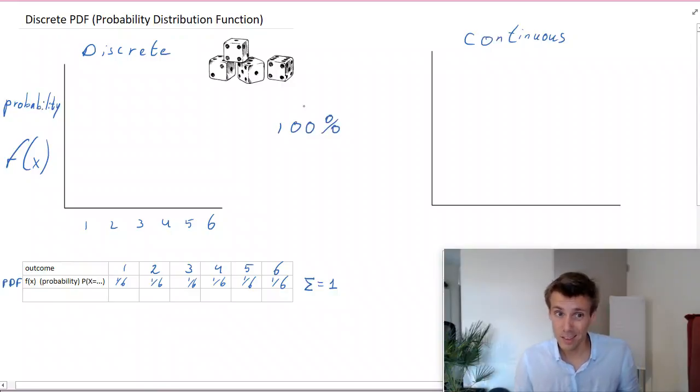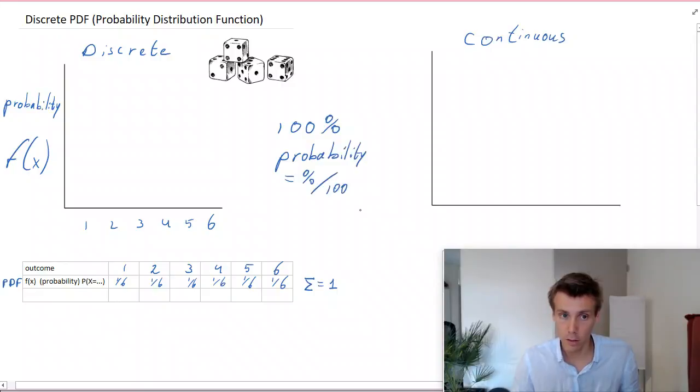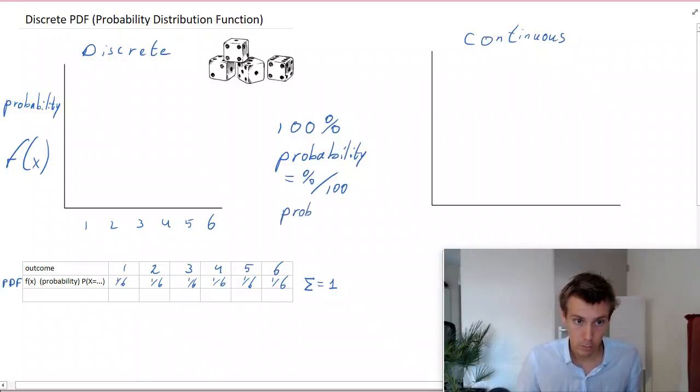Denoted in probabilities. Probability, really important, probability is percentage divided by 100. So the probability that you just have one outcome is always 1. Probability, an outcome equals 1.